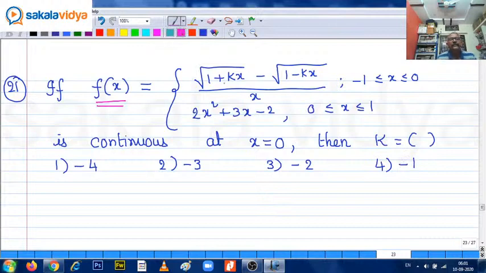So f of x equals root of 1 plus kx minus root of 1 minus kx upon x when minus 1 less than or equal to x less than 0, and when 0 less than or equal to x less than or equal to 1, this is 2x square plus 3x minus 2, and it is continuous at x is equal to 0. Then we need to find the k value.